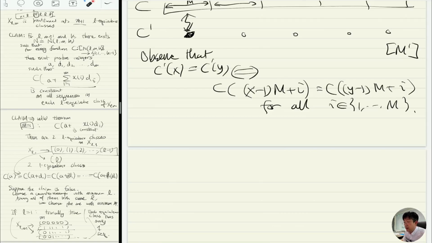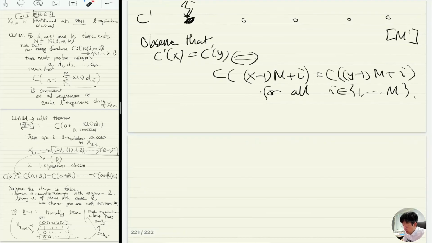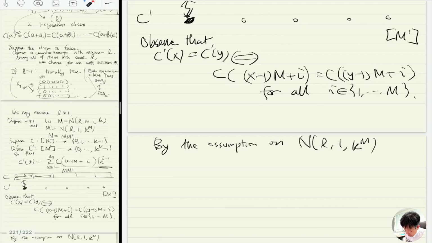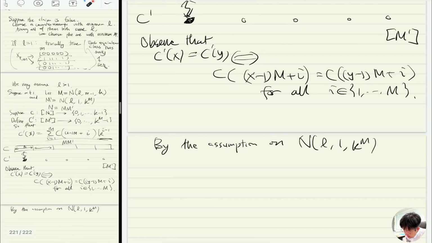Okay, now we're going to use this assumption. By the assumption on n of L1 k to the M, you have this assumption, n of M prime. So what do we know?